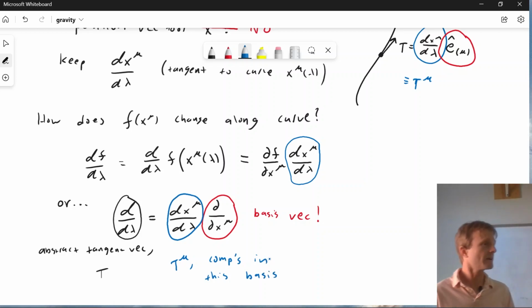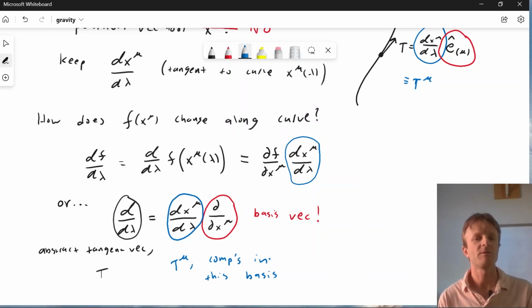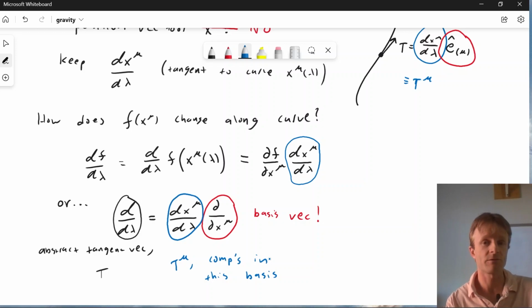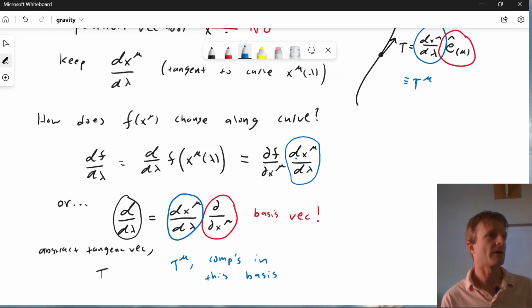So what I've done here is I've actually defined an abstract vector as a differential operator, d by d lambda, the operator that takes functions f and returns this thing on the right-hand side. So that's a directional derivative operator.